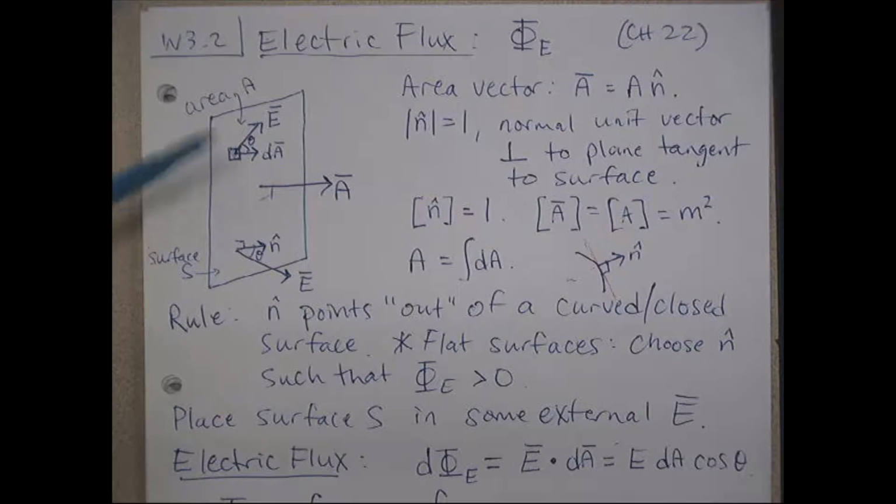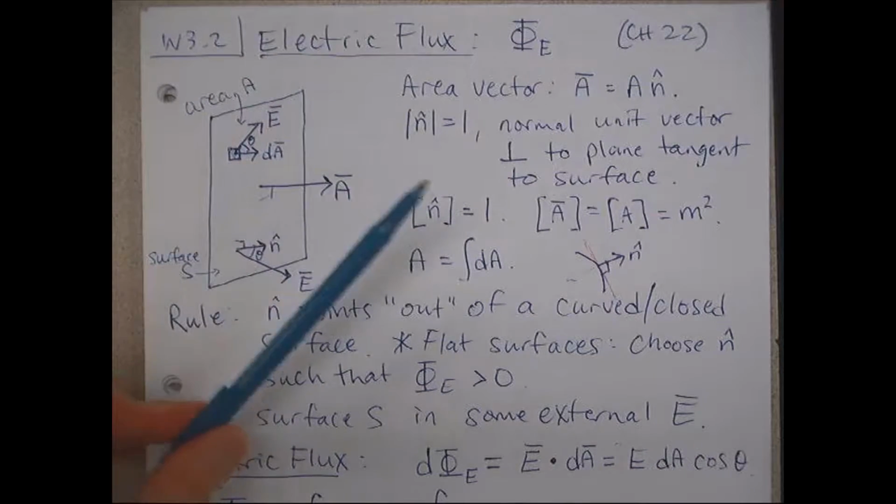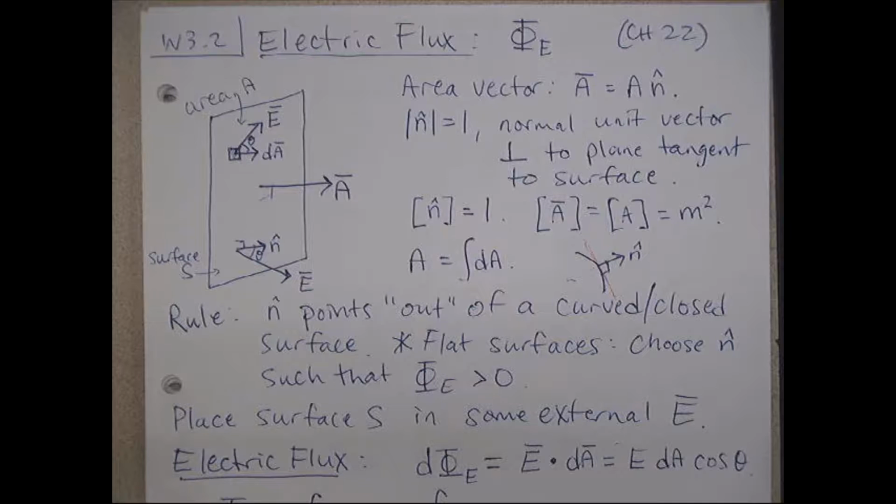If the electric field is uniform along that surface, in other words, it is the same vector everywhere on the surface, the flux becomes easier to calculate. We'll see that later. Bear in mind this rule that the normal vector is going to point out of any curved or closed surface.